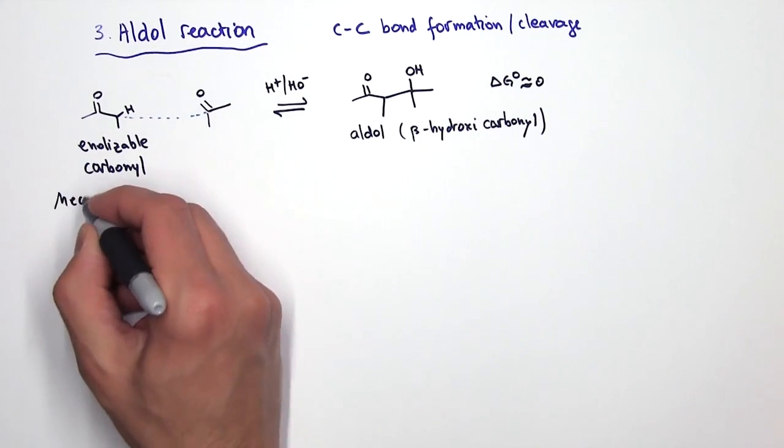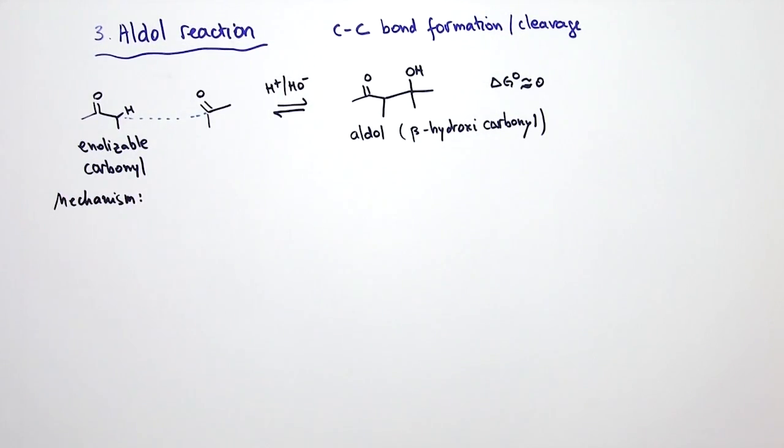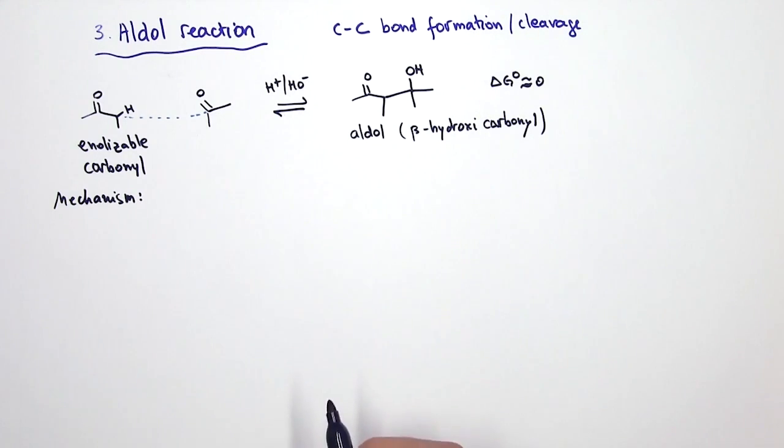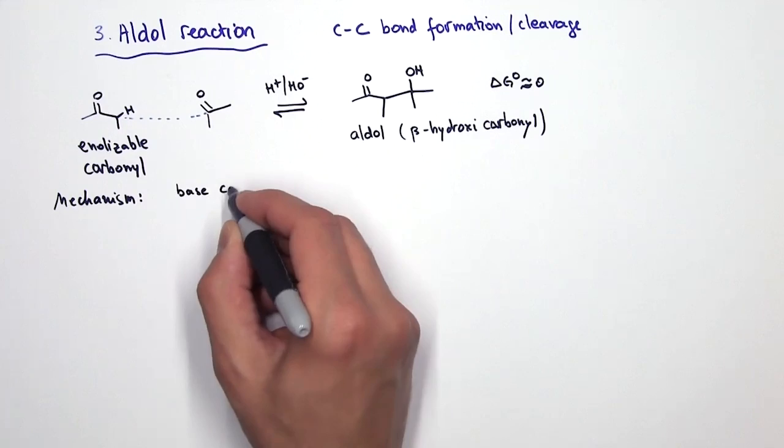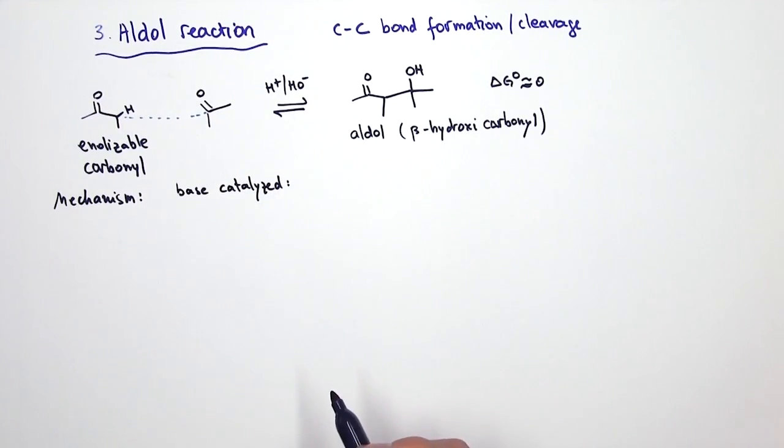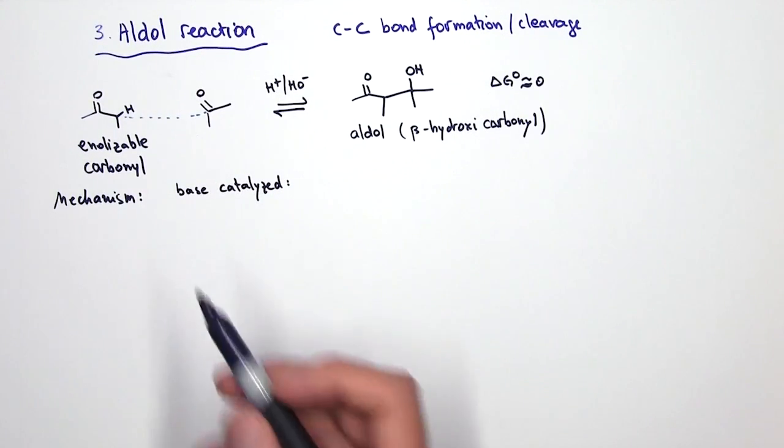Let's take a quick look at the mechanism. Given the previous mechanistic insights we looked at, the nucleophilic addition and enol formation, the mechanism of the Aldol reaction should be fairly straightforward. If it's base catalyzed, the base is going to help us form the enolate.